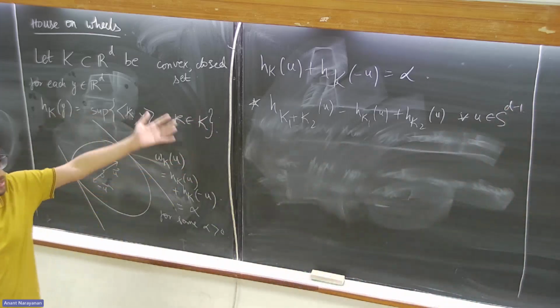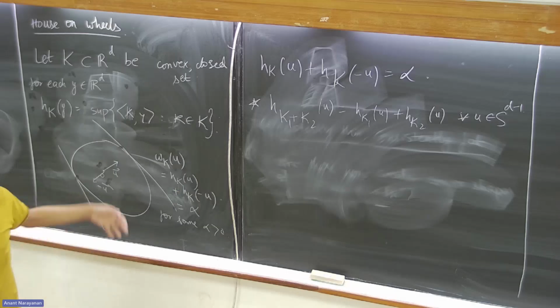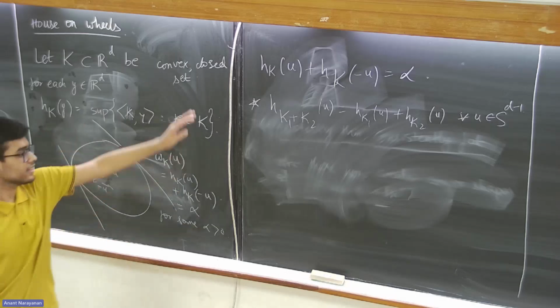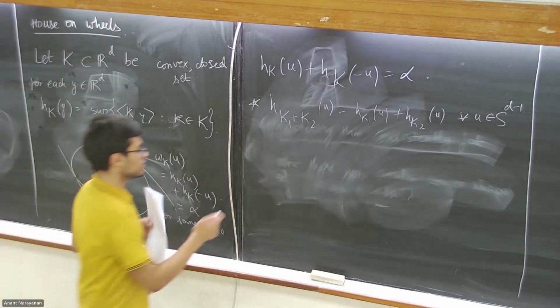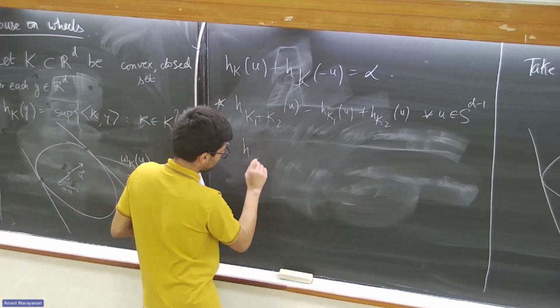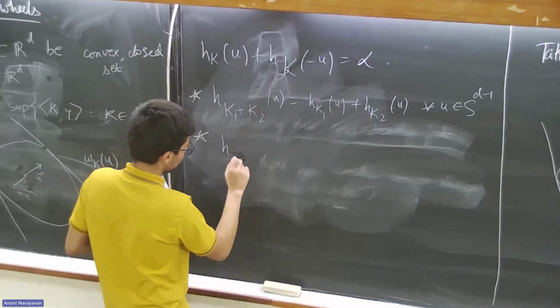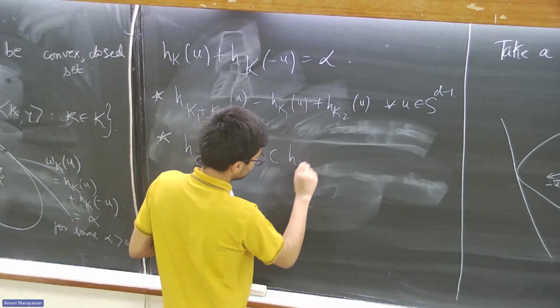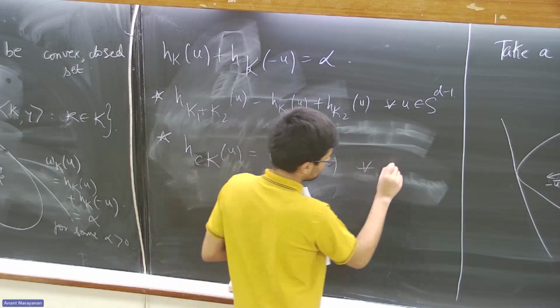What this is telling you is that if I take one body of constant width and another body of constant width, this Minkowski addition is a body of constant width, and the widths just get added. Another nice thing about these support functions is that h of cK at u is c times h of K at u, for all c.